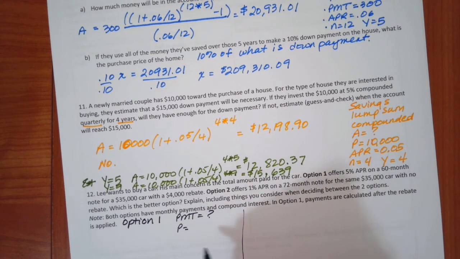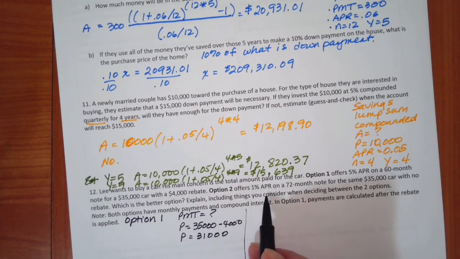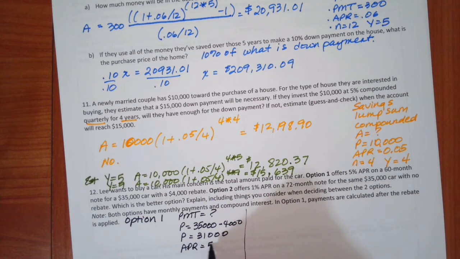So that's going to be 35,000 minus 4,000, which is 31,000. Then the APR is equal to 5% or 0.05.